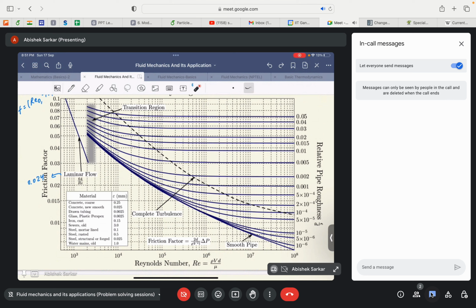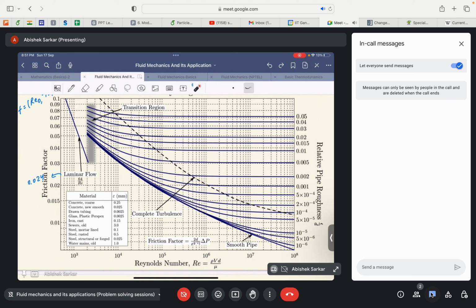So if we had a relative roughness of say 0.002 again, and I take a guess that the Reynolds number is 10 to the power 6, then it's very easy. If it is here, you can easily determine that the friction factor will be around say 0.0023.